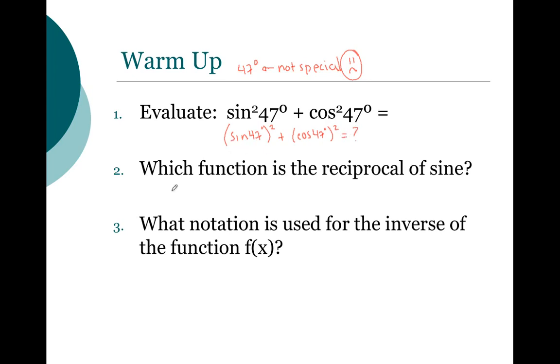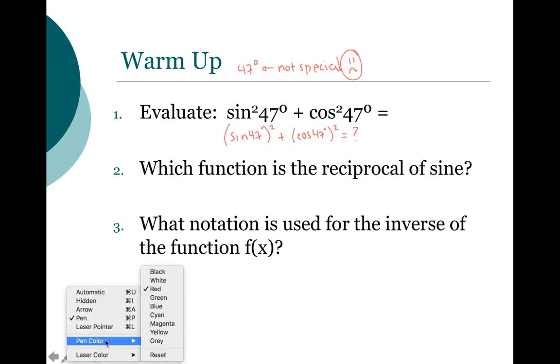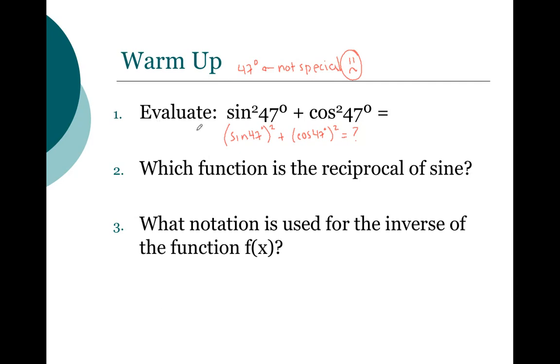So we kind of need to know, no, I can't switch colors, what the sine of 47 is and what the cosine of 47 is, right? And maybe you're grabbing your calculator right now, and you're making sure your calculator's in degree mode, and that's great, right?